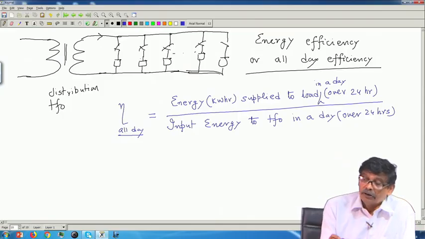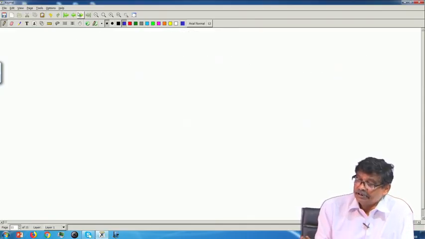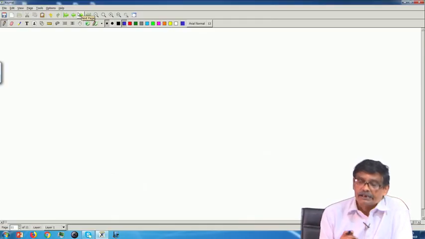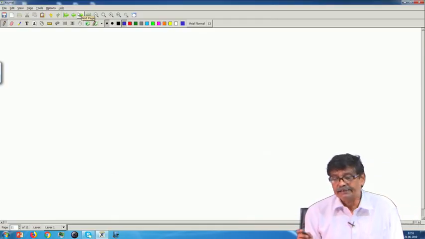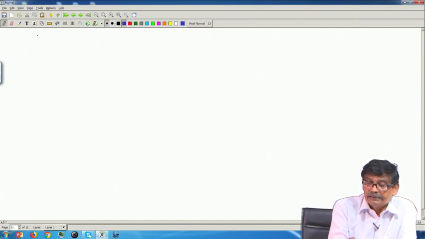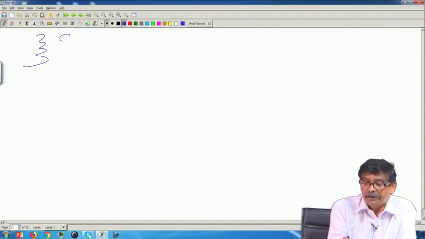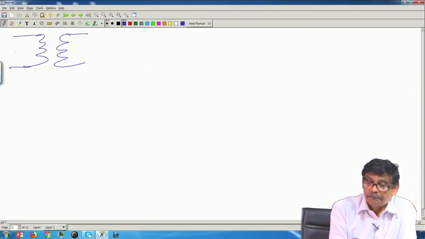Now, what information is needed to find the energy efficiency? Suppose this is the primary. Mind you, in a distribution transformer, this primary is energized for 24 hours, with voltage V1 at frequency f.